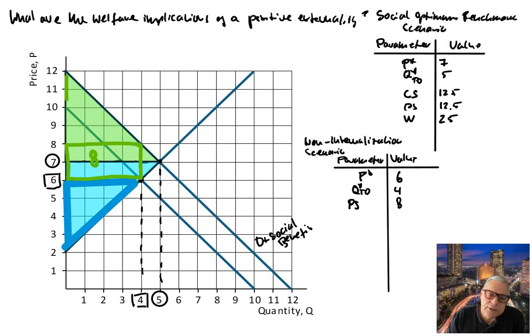And this triangle on top of it. And this triangle is 1, 2, 3, 4. Base is 4, that's another 8. So in this case, consumer surplus is also 8.